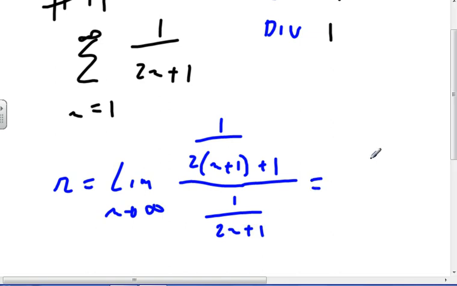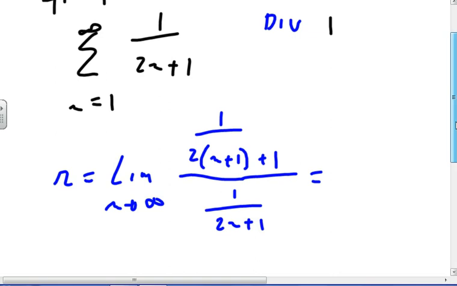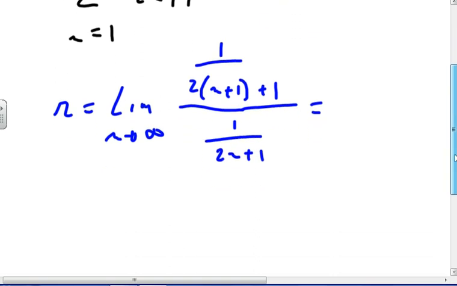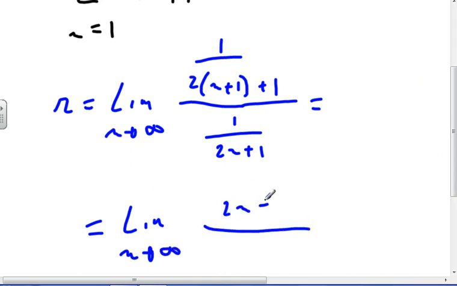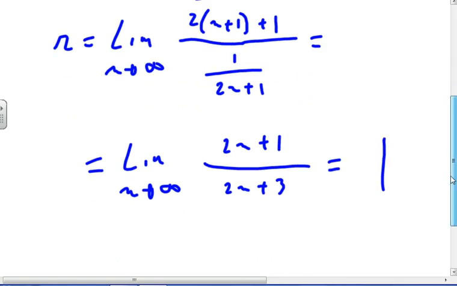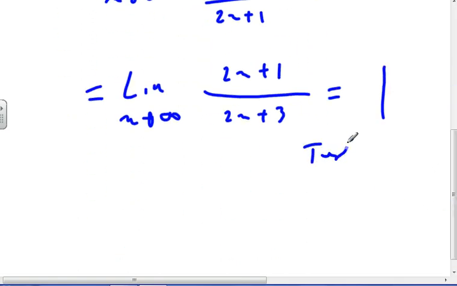I guess we had another choice that we didn't choose. I'm going to invert and multiply and come up with limit n going to infinity, and I'm going to have 2n plus 1, and I'm going to have 2n plus 3, and I see that that's going to be 1, and the test fails. So the test fails.